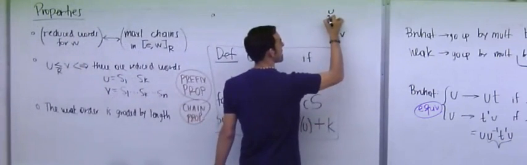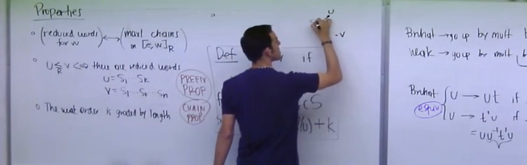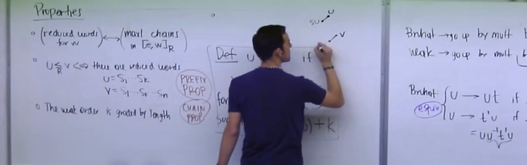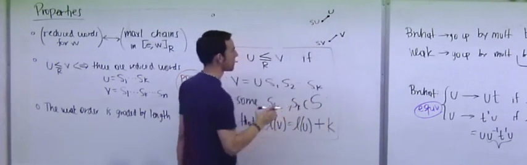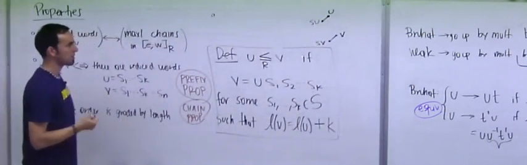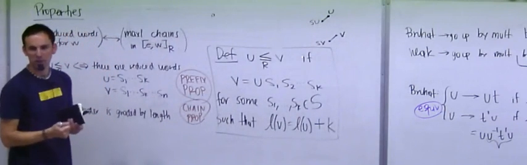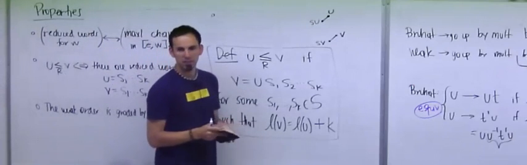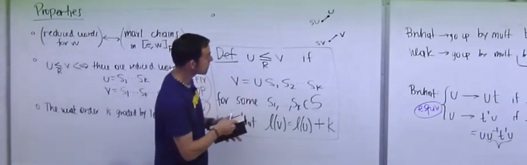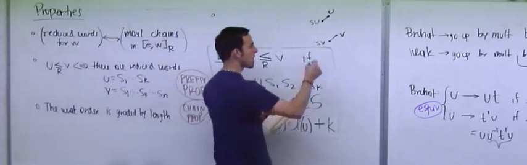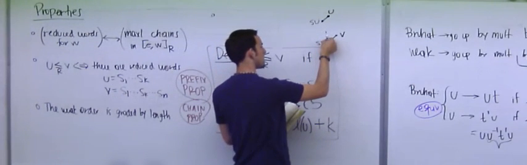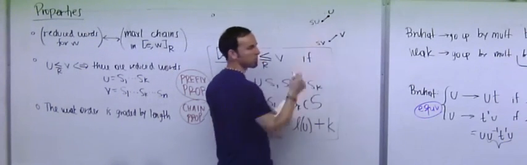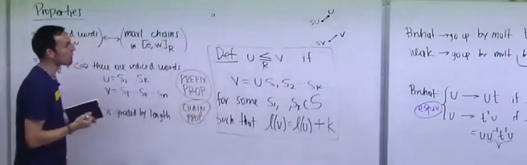And let's say that I have some generator s that makes them both smaller when I multiply on the left. Okay? So this is kind of the same setup as the lifting lemma for the Bruhat order, but in the lifting lemma, I require to have the relationship that sv was less than or equal to u. I don't require that here.